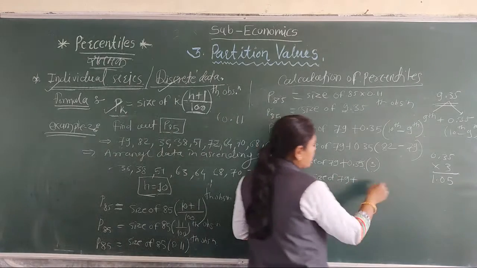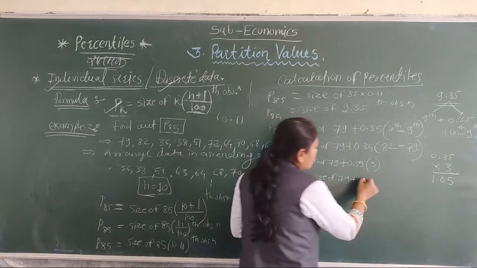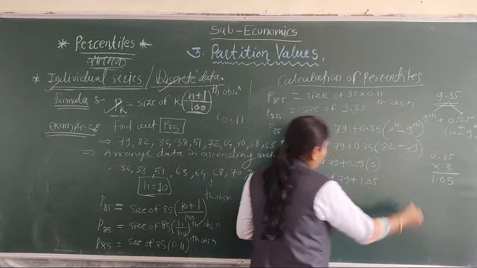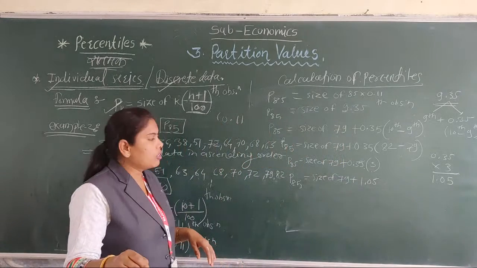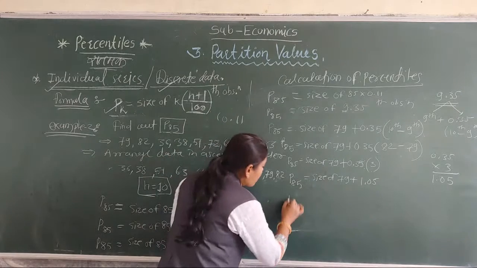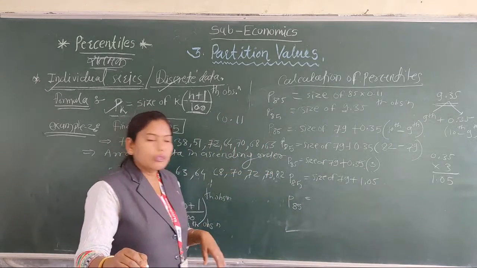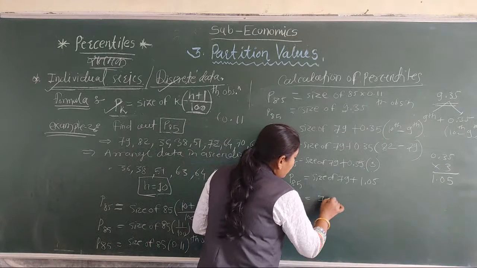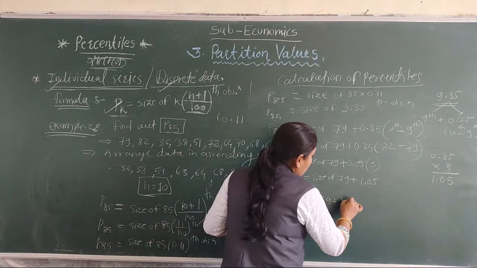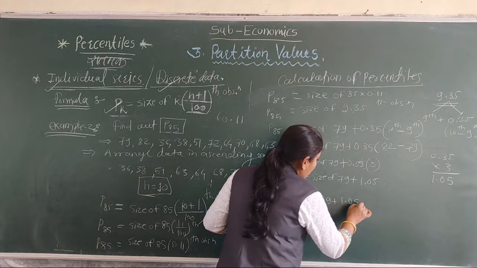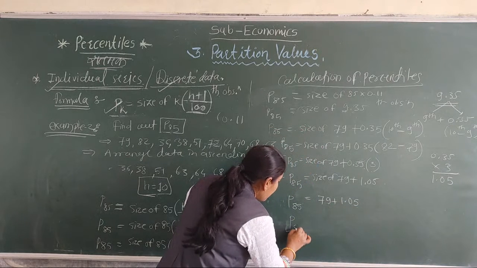Put this value in this example, 1.05, and so that therefore P85 is equal to 79 plus 1.05.